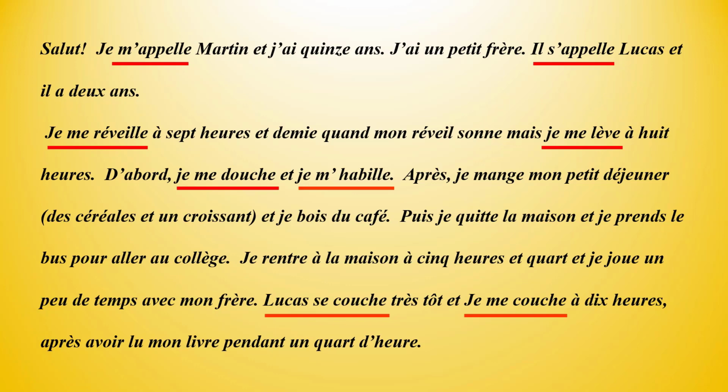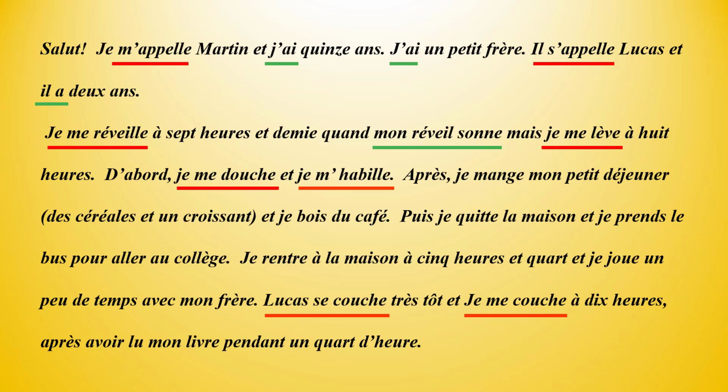Now let's find out the normal regular verbs in this text. Number 1, j'ai 15 ans. Number 2, j'ai un petit frère. Number 3, il a 2 ans. Number 4, mon réveil sonne. Mon réveil is my alarm.